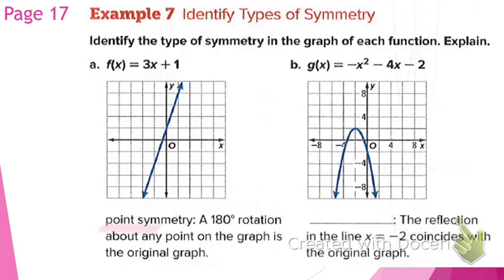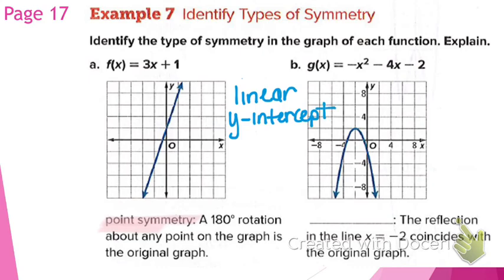So this first one has point symmetry. And because this is a line, I think the easiest way to find that point would be to use your y-intercept. So if it's linear, we're going to use our y-intercept as our point of symmetry.